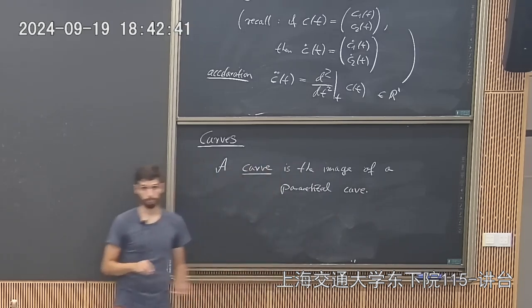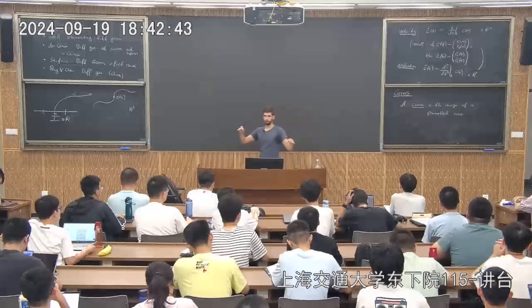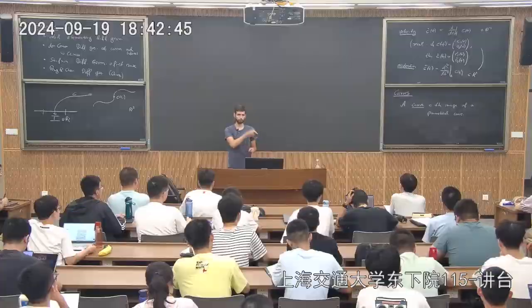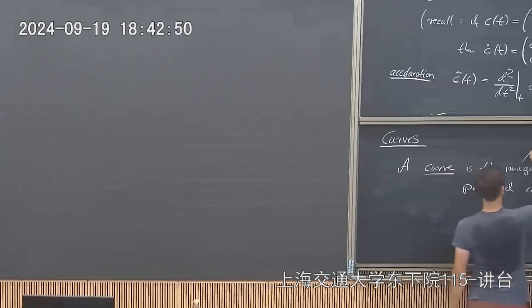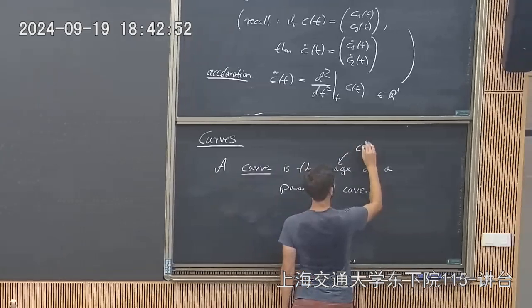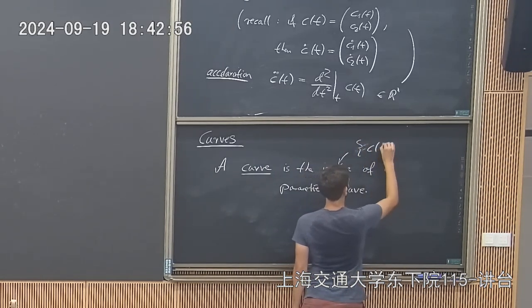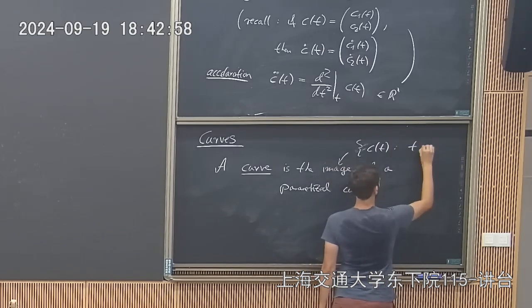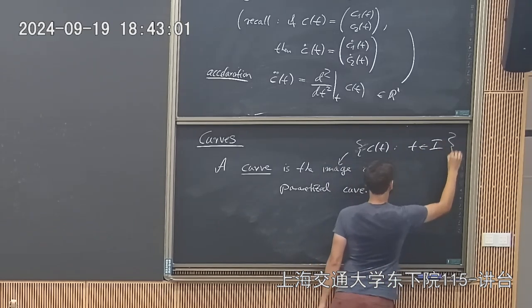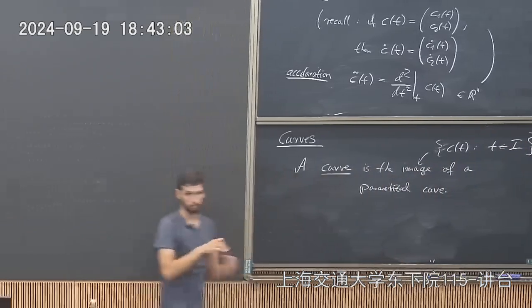So that's really just the geometric image that you trace out. If you follow that for all times, image here means all the points where the curve is defined. So it's just a collection of points.